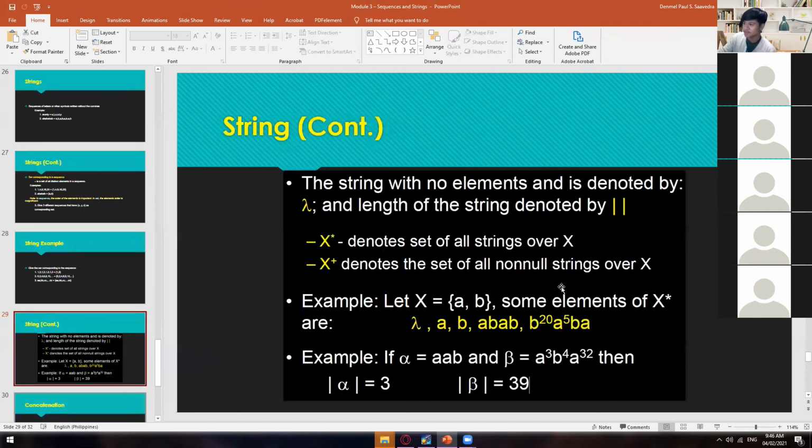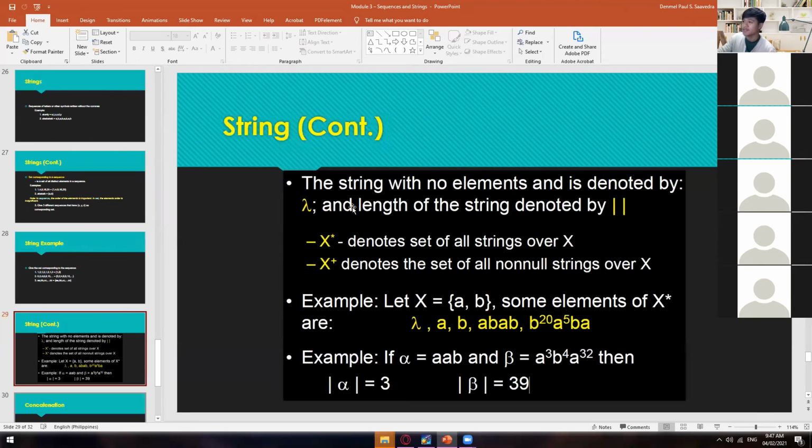All right. Let's have more examples, which is the most origin when it comes to strings. A string with no elements is denoted by this. I don't know if this is lambda. I forgot. We have this symbol indicating that there are no elements or no string in the given sequence. So actually it's nothing. This one is the same as null or empty set when it comes to set operations, but for string, we have this symbol.